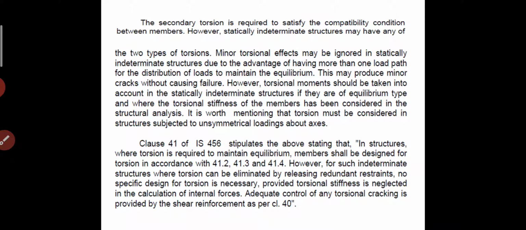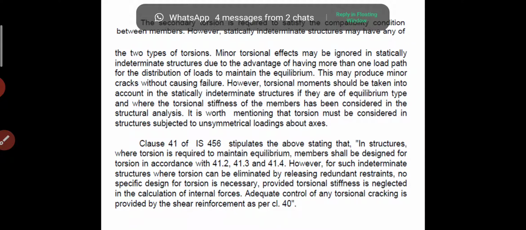However, torsional moments should be taken into account in a statically indeterminate structure if they are of equilibrium type and where the torsional stiffness of the members has been considered in the structure analysis. It is worth mentioning that torsion must be considered in structures subjected to unsymmetrical loading about the axis.